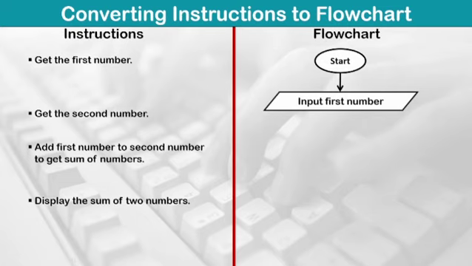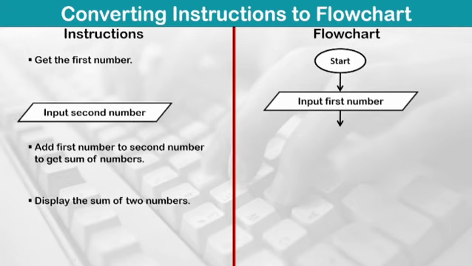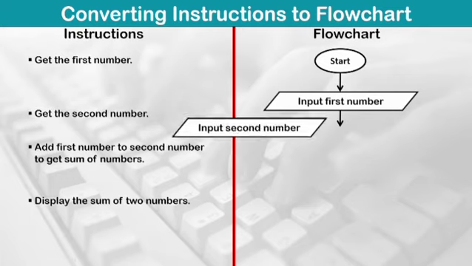The next instruction, get second number, is also an input operation. We will again use a parallelogram shape with the instruction input second number written inside and add it to the flowchart.